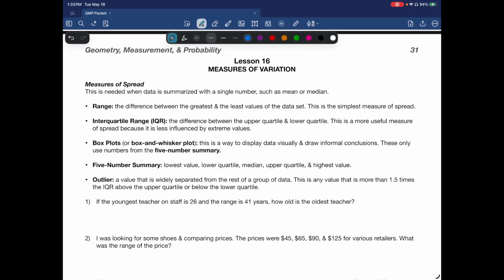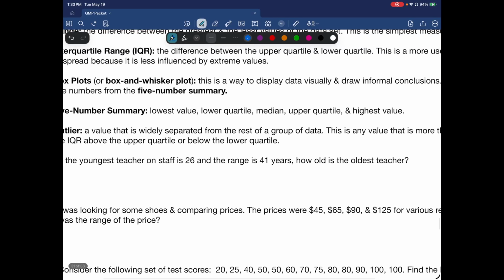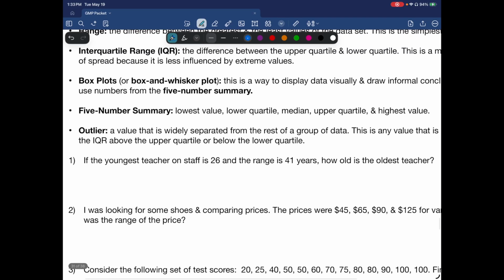Okay, so for number 1, it's a simple range problem. If the youngest teacher of the staff is 26 and the range is 41 years, how old is the oldest teacher? So the range would be old minus young.